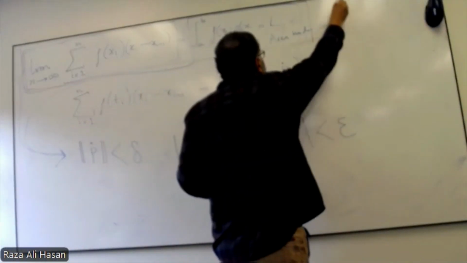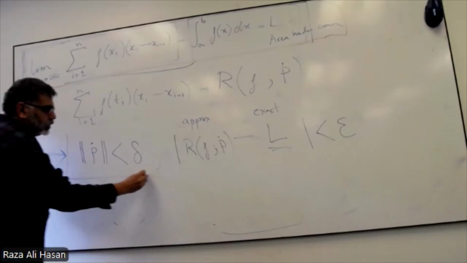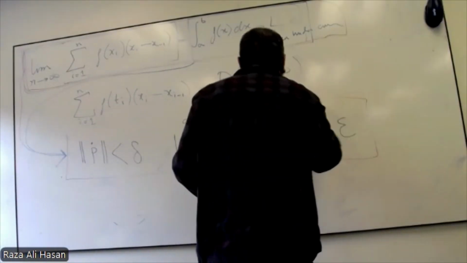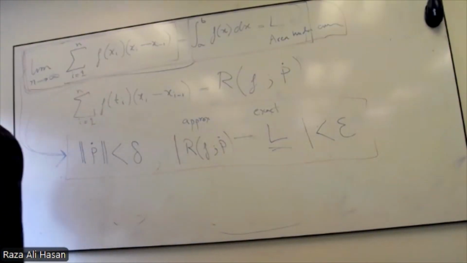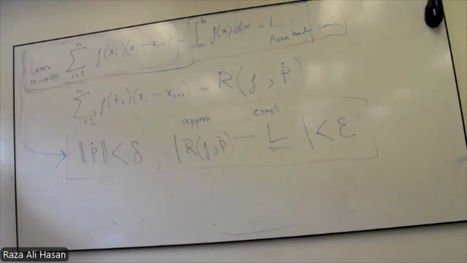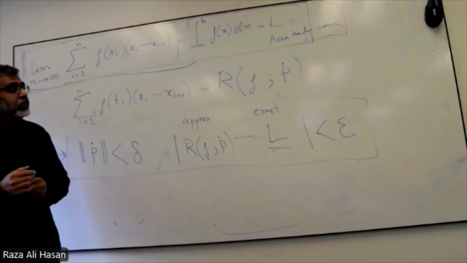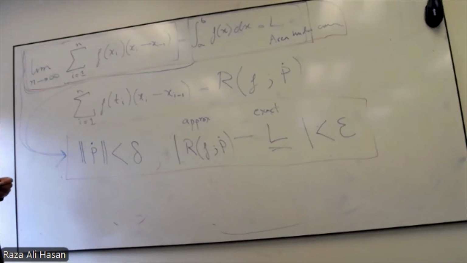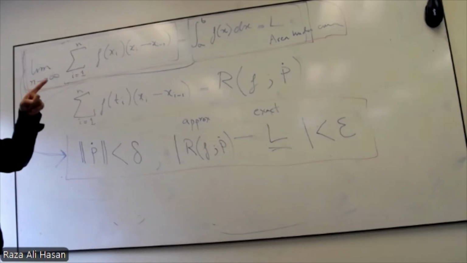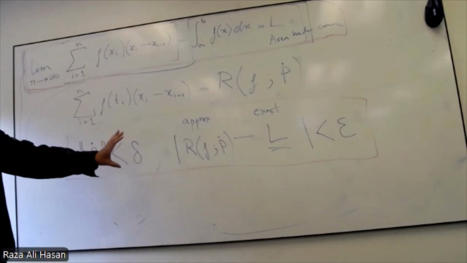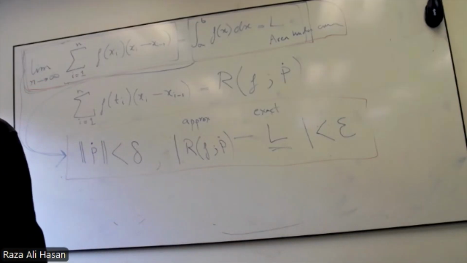You can either write this or you can write this. In other words, if somebody says that a function is integrable and has a limit L, then we can express it like this.